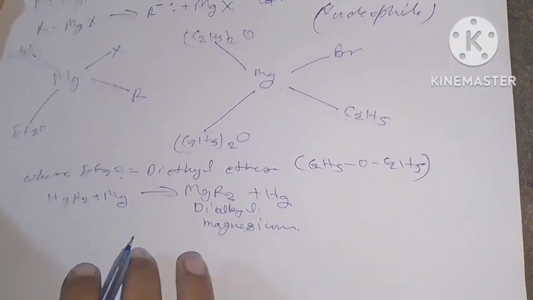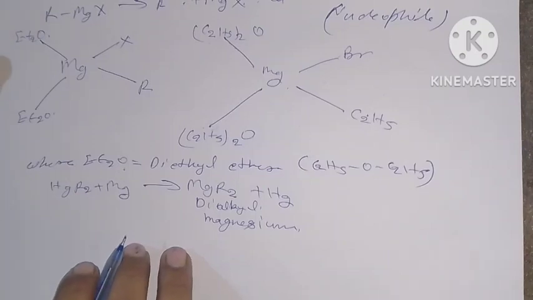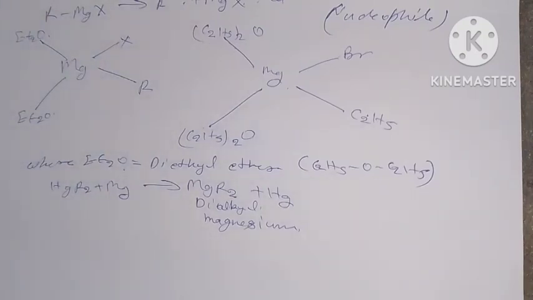Other alkaline earth metals also form dialkyl and diaryl compounds. These are prepared using Grignard reagents.